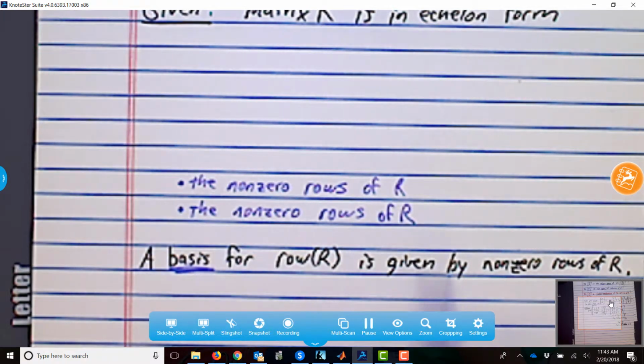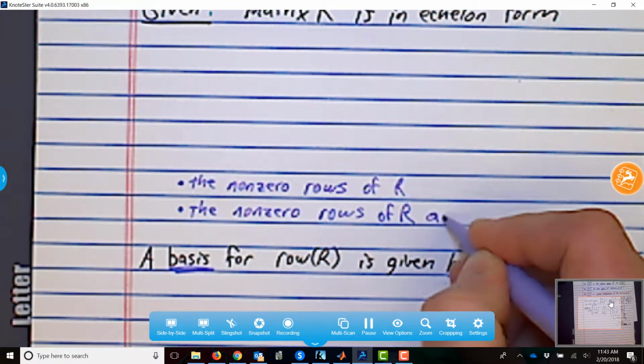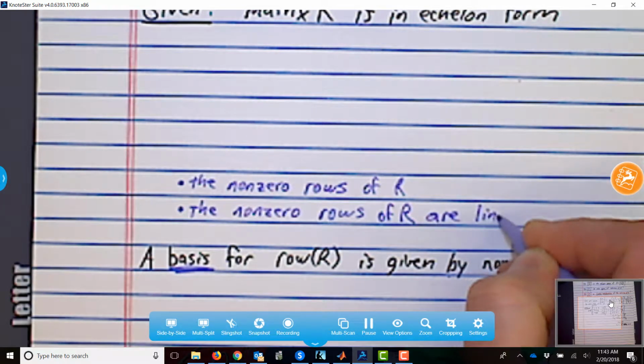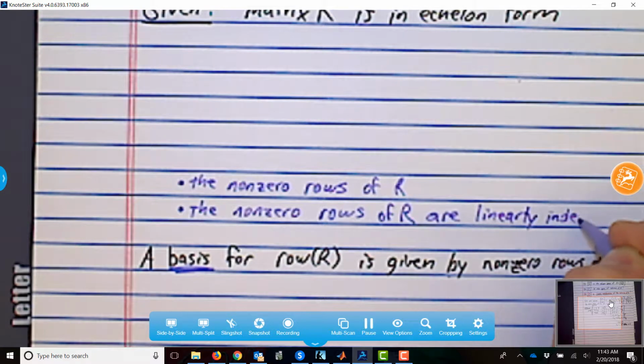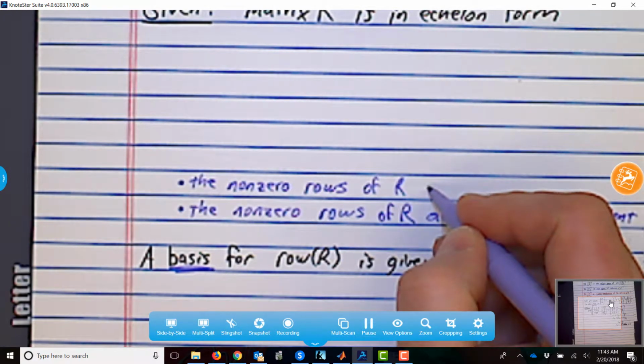Either one of them? In the span of row R, and they are linearly independent. So I'm going to put the second one down. They are linearly independent. And that one I think we understand pretty well. The other one is kind of newer.